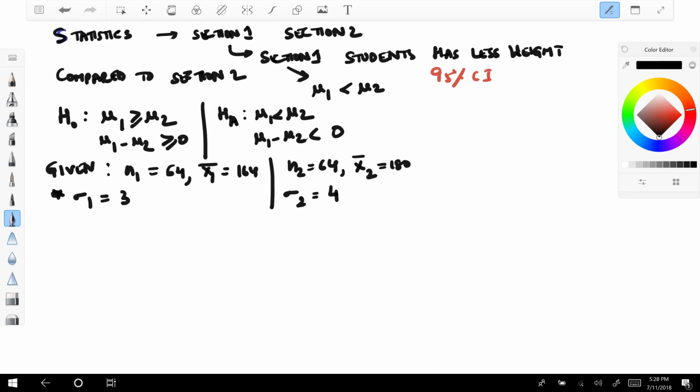So the next step is to compare the test statistic with the critical value.